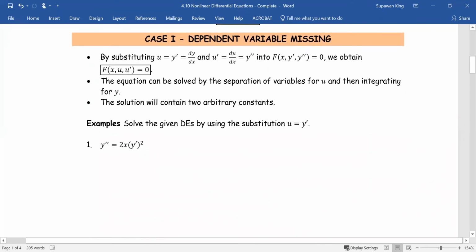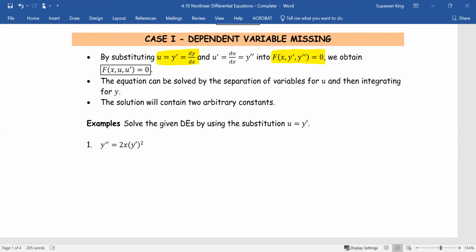For case 1, where the dependent variable y is missing, the expression in the equation will have x, y prime, and y double prime. To use the reduction of order, that means we're going to reduce the order 2 down to order 1, starting with u equals y prime, or u equals dy by dx, and we remain with x as the independent variable.